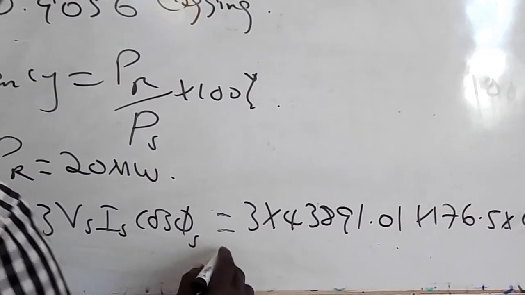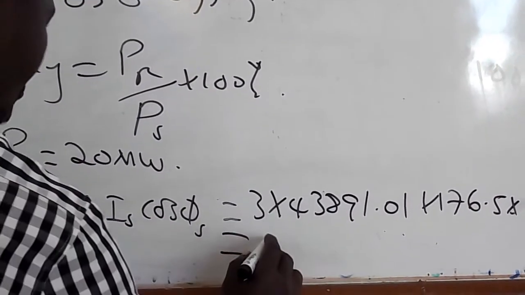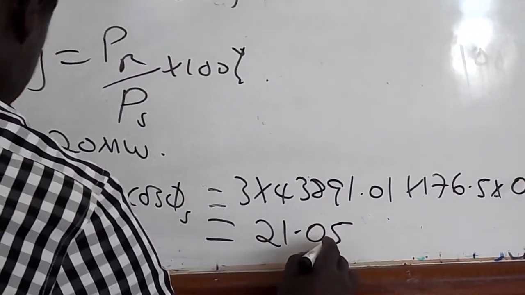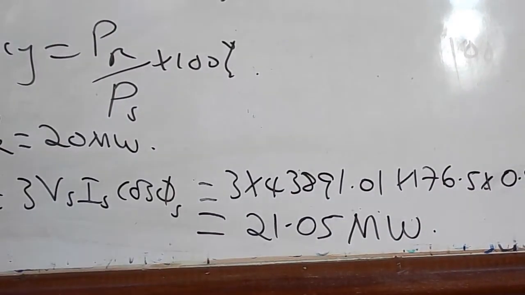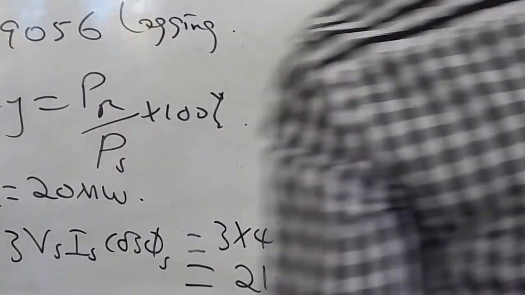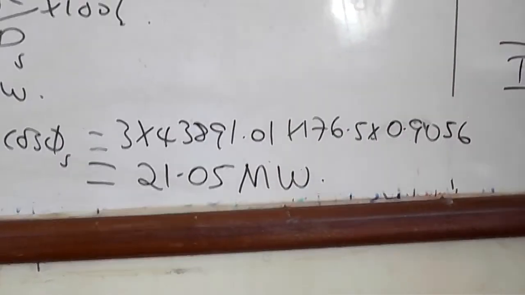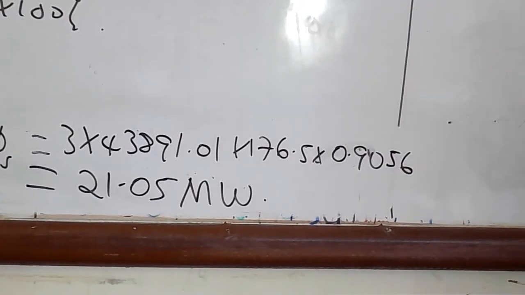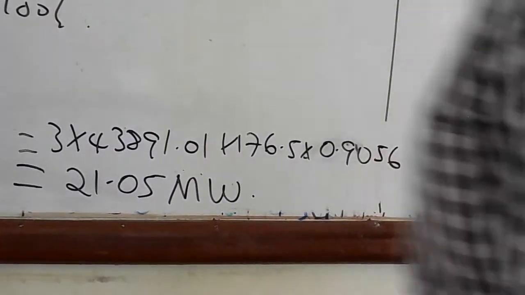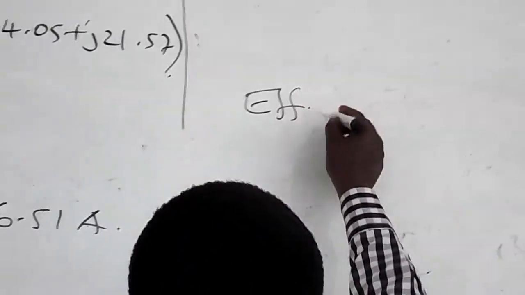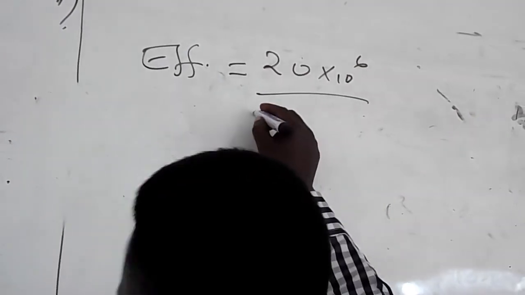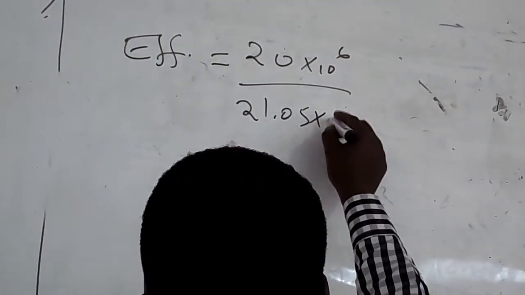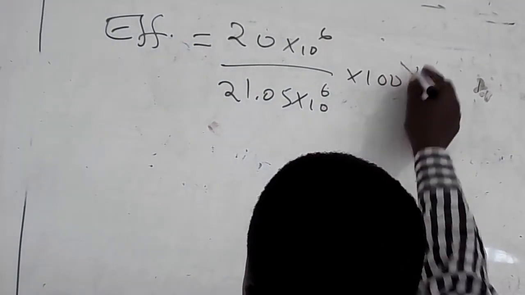So this gives us 21.05 megawatts. And just doing it very fast, we can see that the efficiency is equal to 20 times 10 power 6 all over 21.05 times 10 power 6 times 100%.